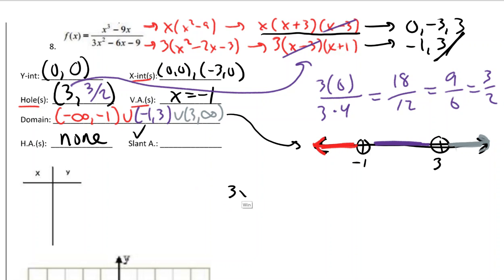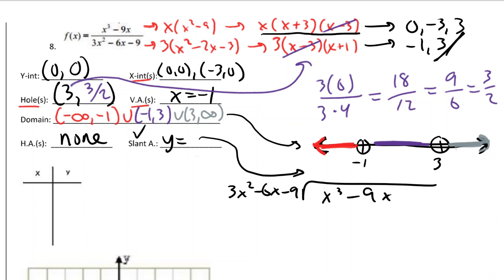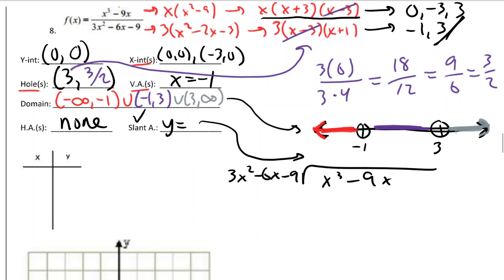So okay, how you find the slant asymptote is with long division, except we will ignore any remainder. It's going to be y equals whatever the quotient is. So I know this should be 1/3 x, because 1/3 times 3 gives me 1, and x times x squared gives me x cubed.